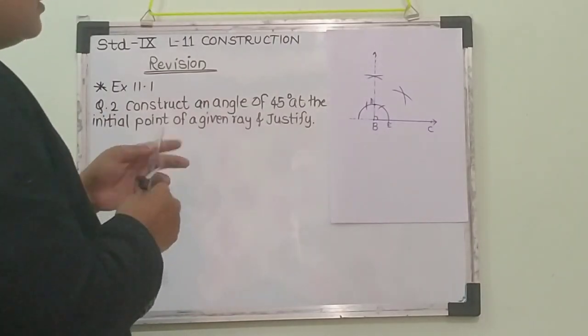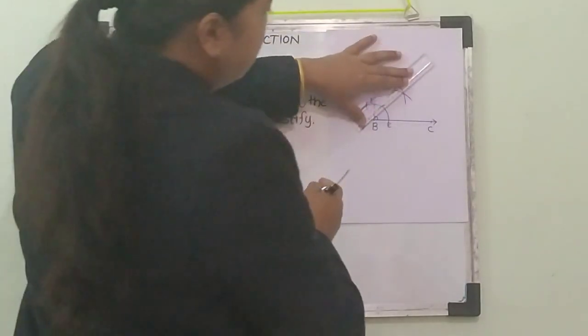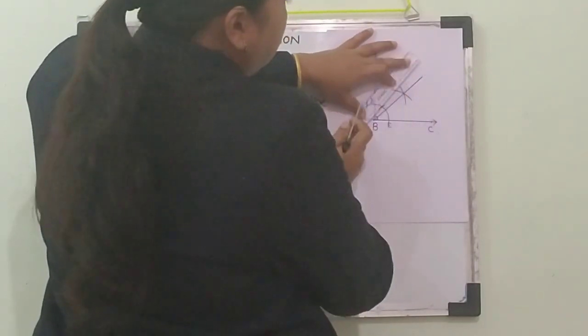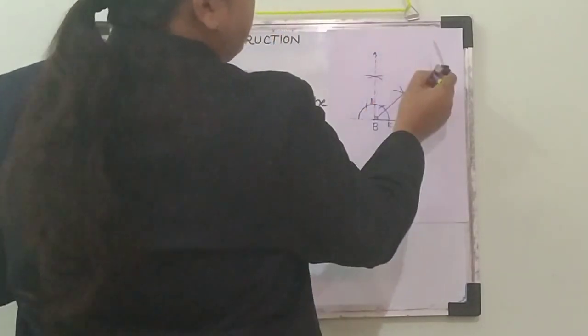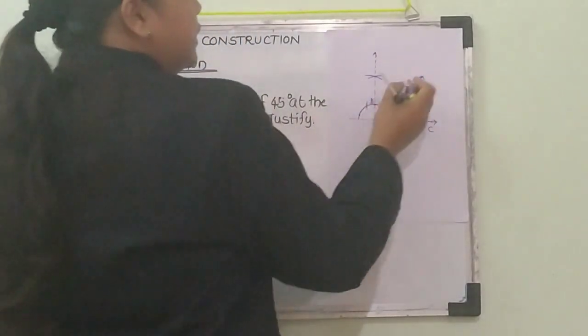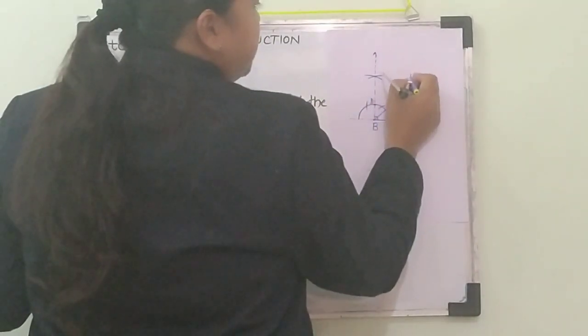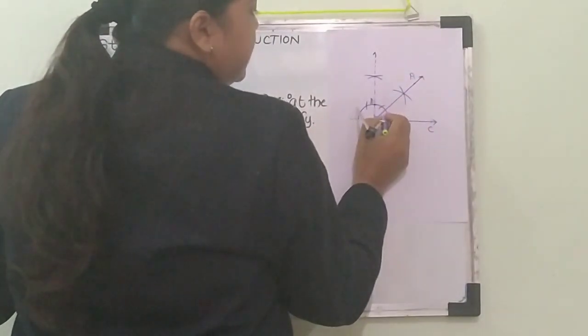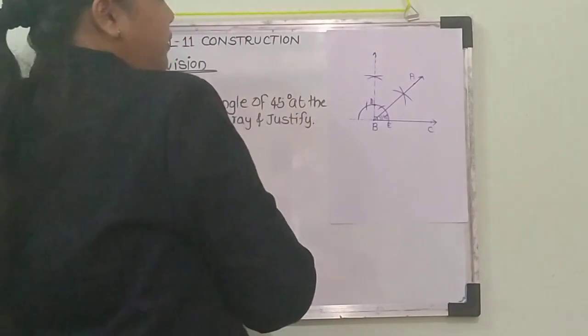So then we have to join this. So it is a angle bisector. So we can say that here point A. So ABC is required of 45 degree.